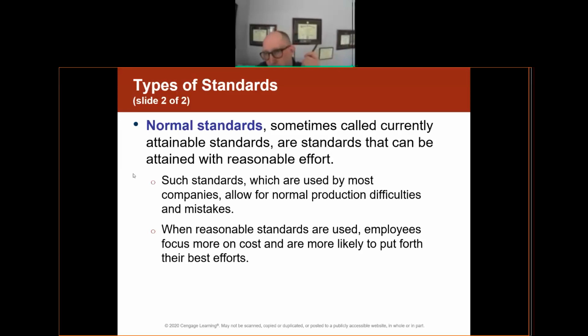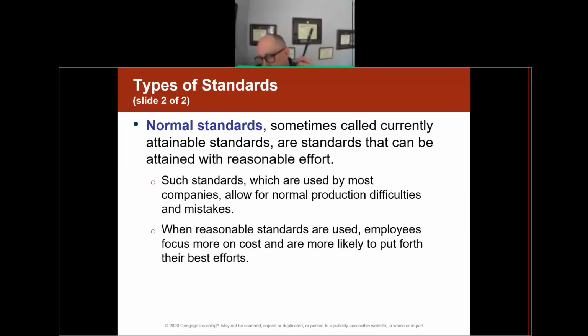So in order to attain my goal of 5 cents per unit of direct materials cost, I need to set my normal standards. Can I reasonably obtain the cost of 5 cents per unit? The answer is maybe, and it depends on a number of factors.